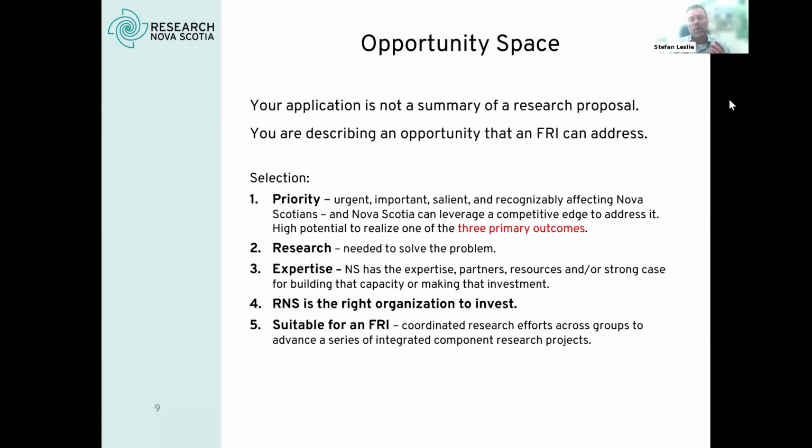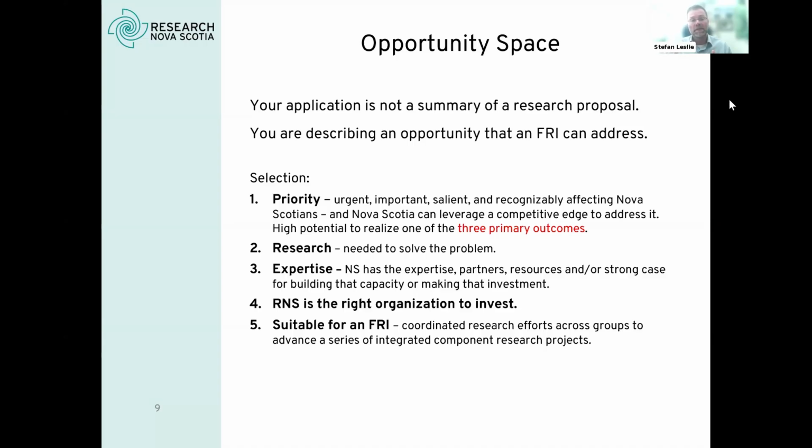Part of the reason we've put information broadly available on what our strategy is and how we intend to deliver is we want to make sure that there is the opportunity to understand what our role within the ecosystem is, so that we attract proposals that are tailored or particularly well suited to what Research Nova Scotia's role within this ecosystem is.